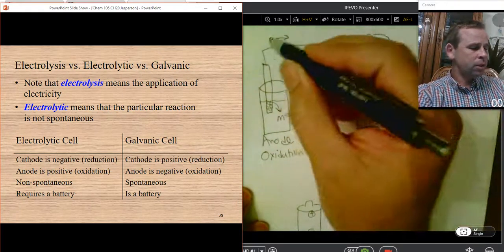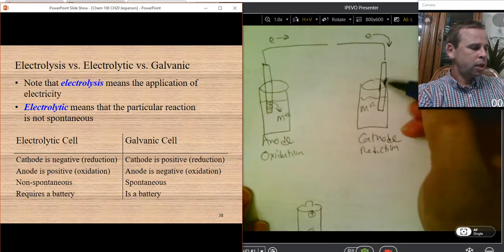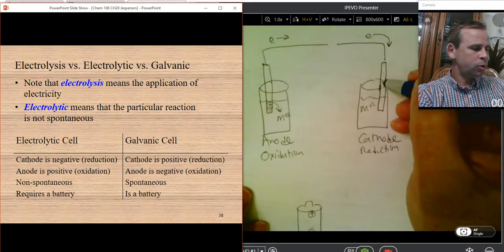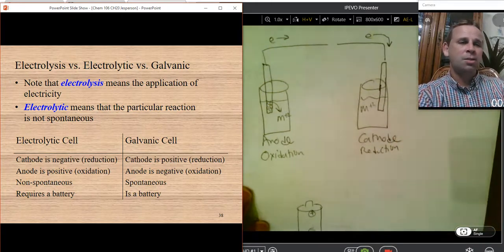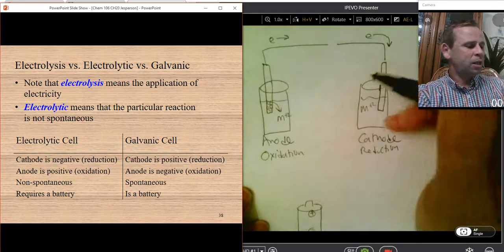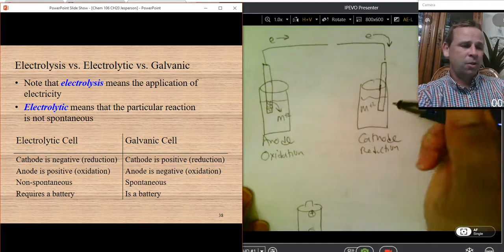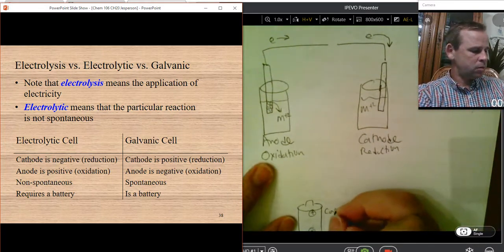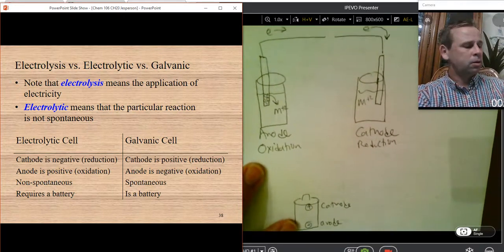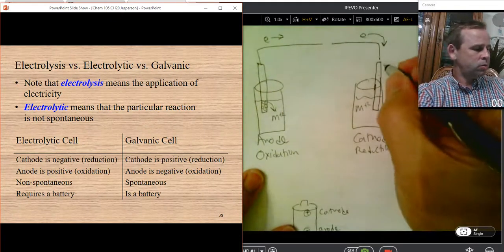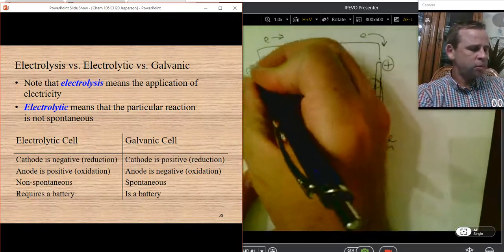Here you can think of the electrons moving this direction, building up here and trying to jump off onto ions. And so you might get confused into thinking that's the negative. This, again, is what they've defined as the cathode positive, and the anode is negative. All right? So, the cathode is defined as positive, the anode is defined as negative.